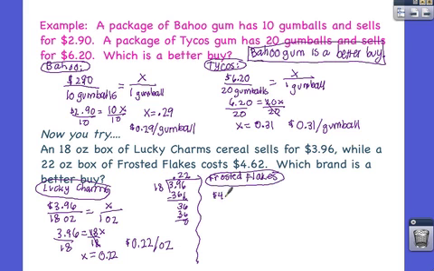Frosted Flakes cost $4.62 for 22 ounces, so how much money is it for 1 ounce?